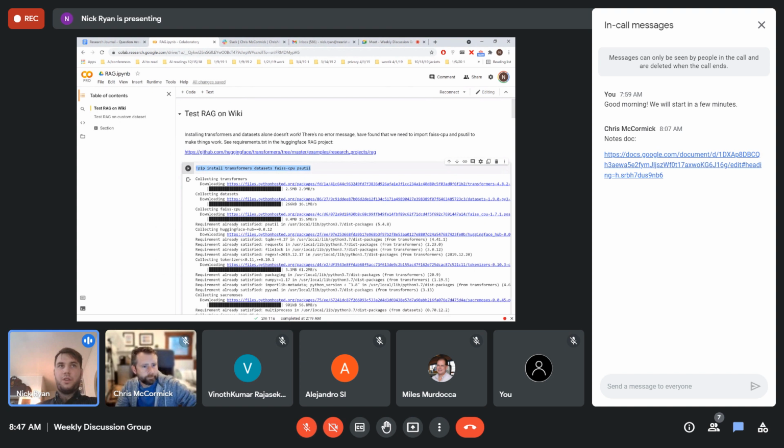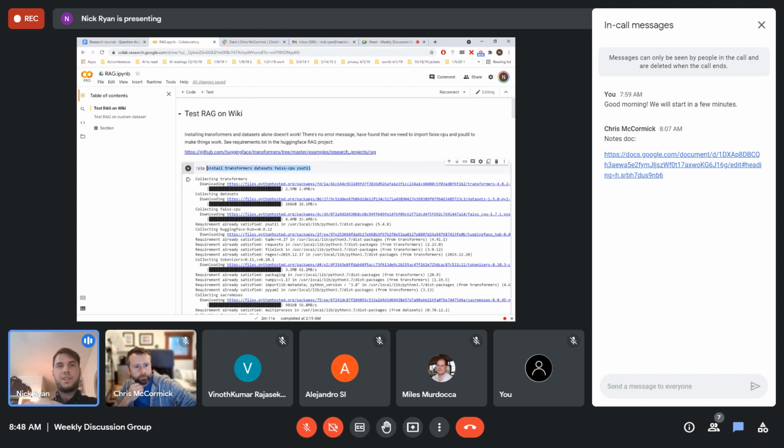If you want to run RAG, even using the Hugging Face documentation, just example code of load the model, ask a simple question, get an answer, you need to install all of these dependencies.